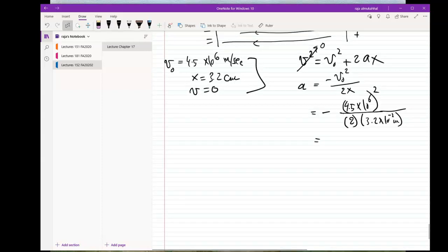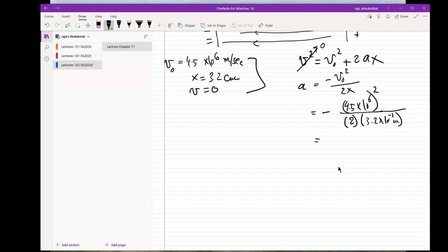I'll do the calculation, but I want to go a little bit further. Let's just calculate that. So I'm going to calculate this, and that's going to be 4.5 E6 squared divided by 2 divided by 3.2 E negative 2.